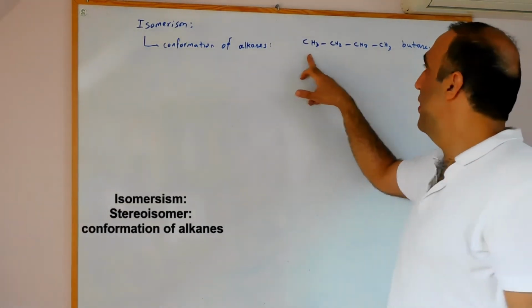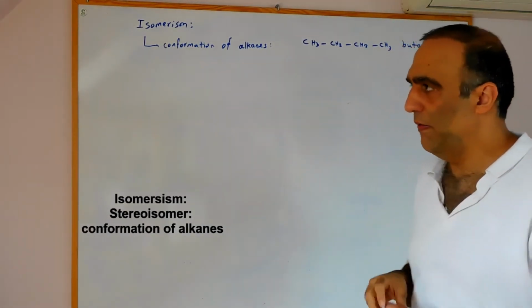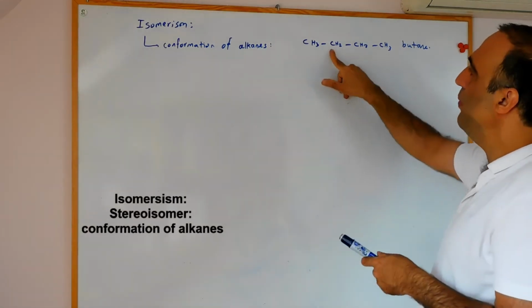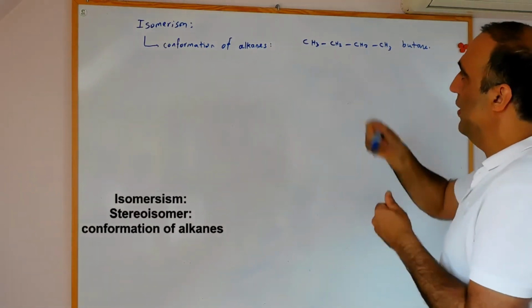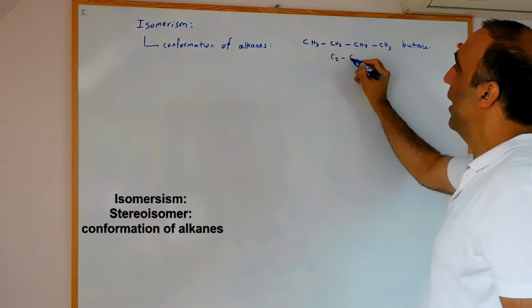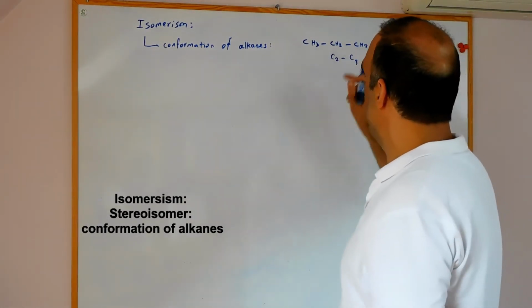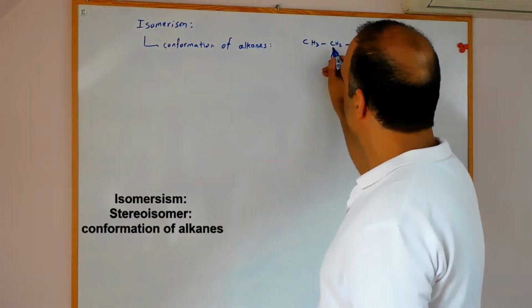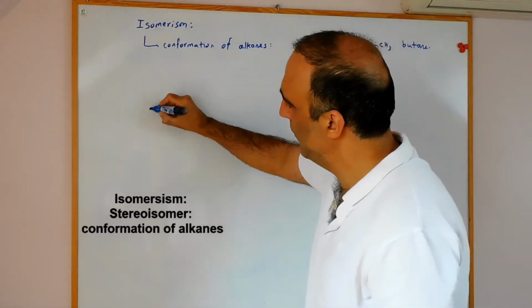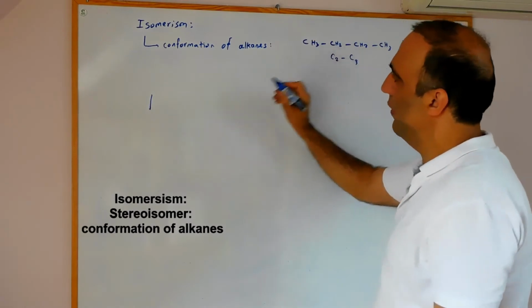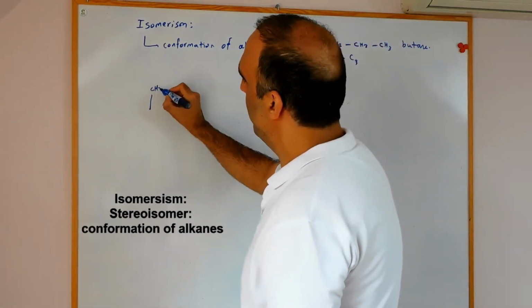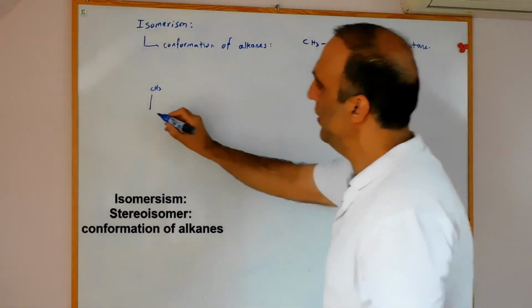The other example is butane. When we try to see from carbon 2 to carbon 3, if I want to draw the Newman projection of this compound, I see this carbon in the middle. I have one methyl bound to it and 2 hydrogens.